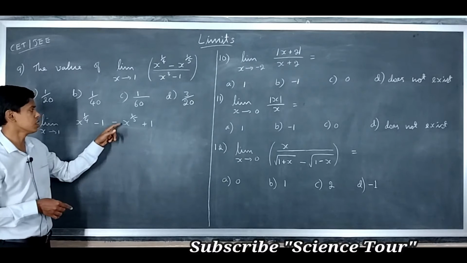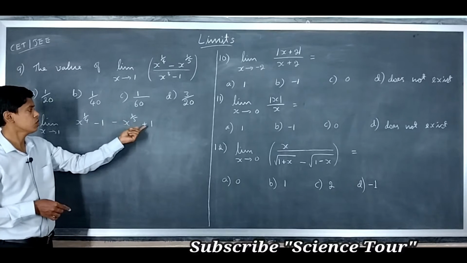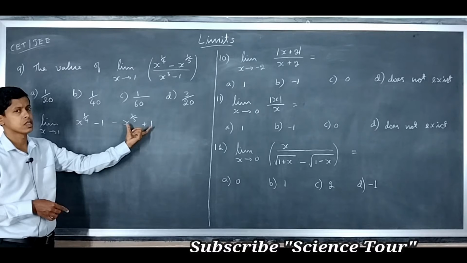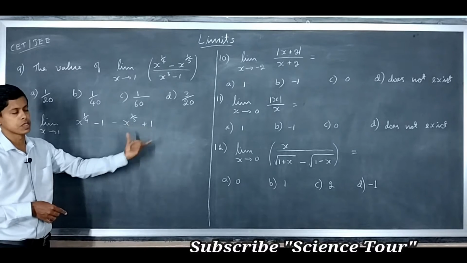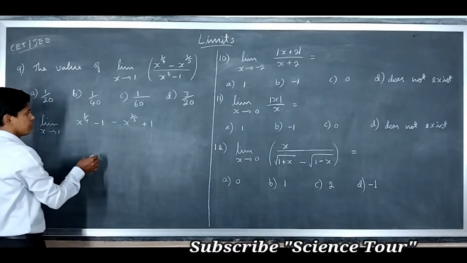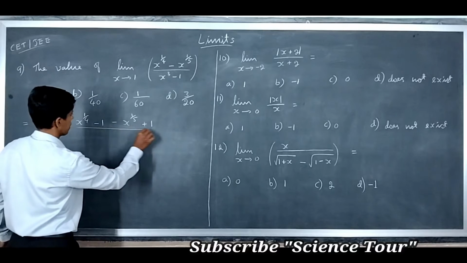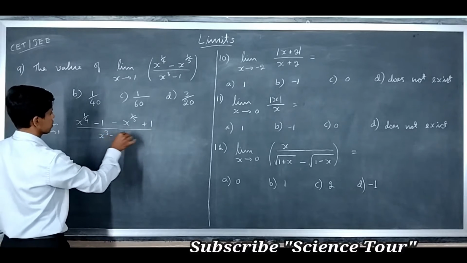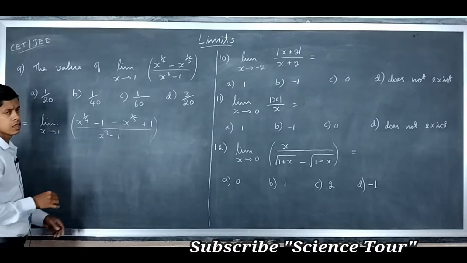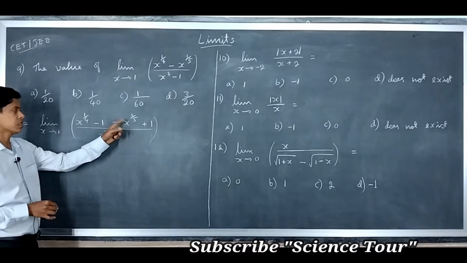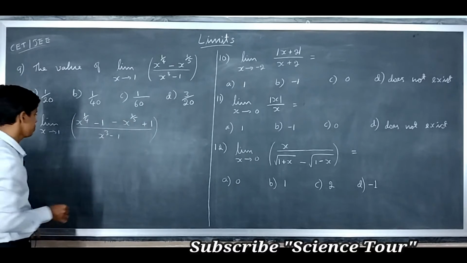Now what you can do here is you can take minus common, then this will be minus within the brackets, so that will serve our purpose, right? We'll do that. Divided by x cube minus 1. Next let us take minus out of these two.